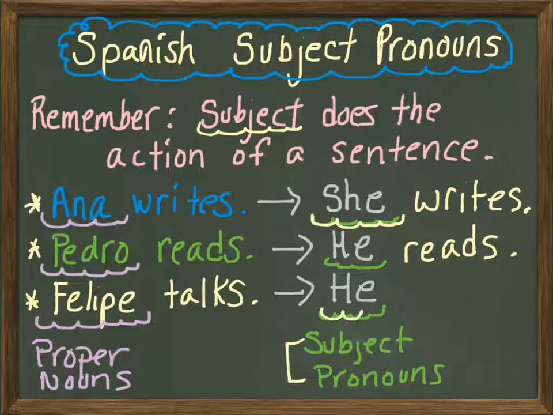He would be the subject pronoun that we would pick, not she, because Felipe is a boy. So he talks. Okay, so your subject pronouns are pronouns that take the place of proper nouns as the subject of a sentence. Okay, the subject pronouns will be doing the action of the sentence. Okay, all right. I'm sure this is a review for you guys, but let's just move on.